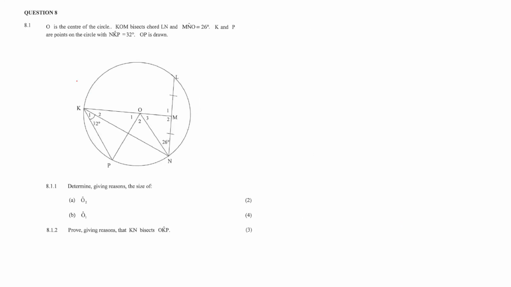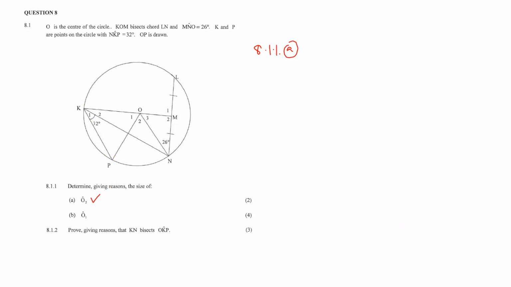If O is the center of the circle, we need to find, giving reasons, the size of angle O2. So we're going to look at the solution to 8.1.1, part A. What is angle O2?